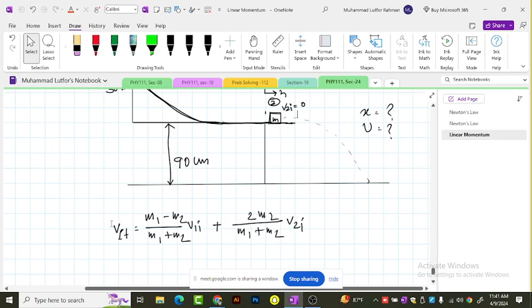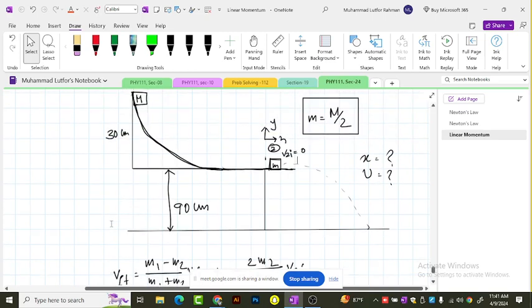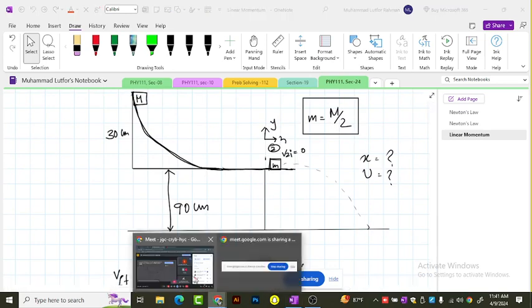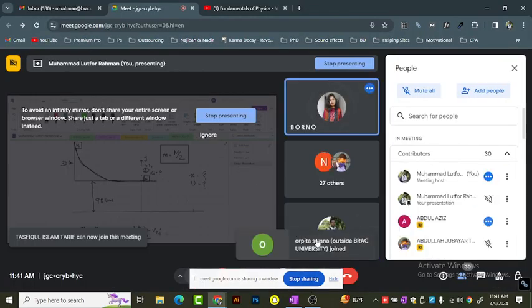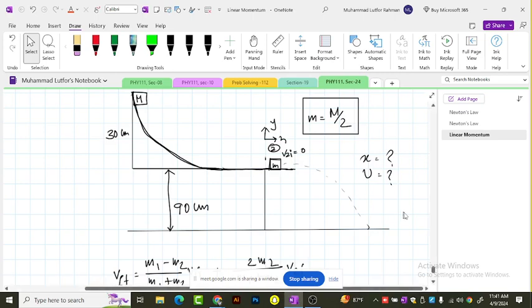Will it have a velocity of gravity? Does any of you think that V1I is also going to be 0? At top, the velocity is zero, sir. Yeah, that's very good. That's natural. Obviously, you can think about that.